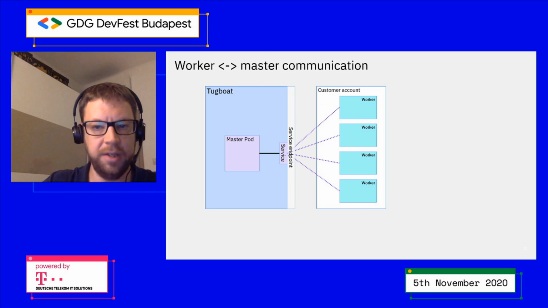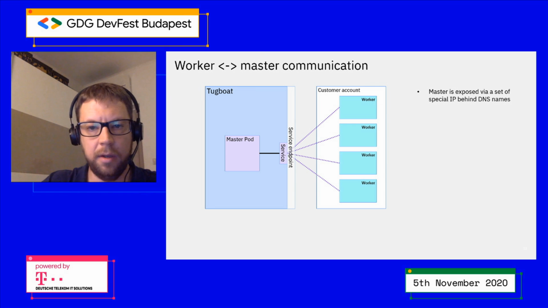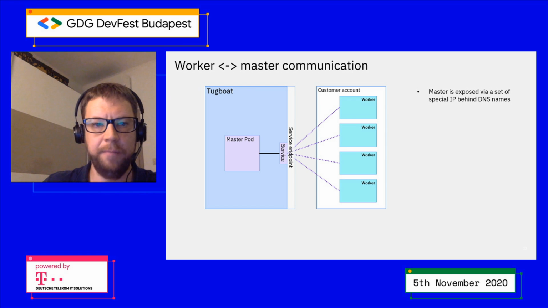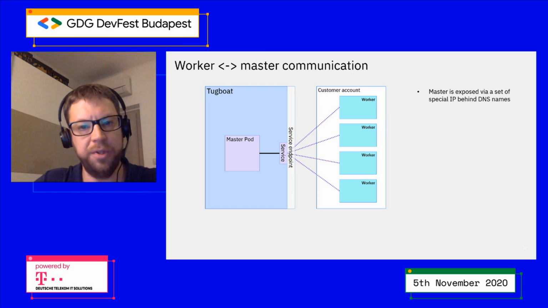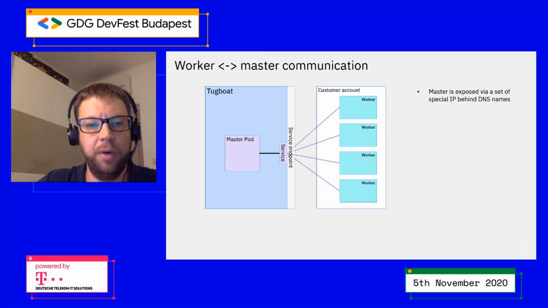So that's the most common direction. The service endpoint exposes the master in a set of well-known IP addresses behind DNS names, which means it is directly routable from your workload. But we don't rely on kubelet logic to have an HA connection towards the multiple IP addresses.